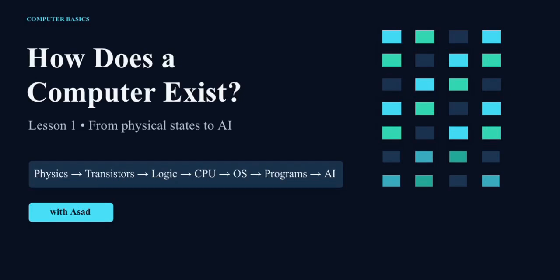To end our topic, the deepest answer I can give to how a computer exists is this: a computer exists as a hierarchy of physical and logical systems. Physical laws allow controllable electronic behavior, and materials such as silicon allow transistors to be manufactured.